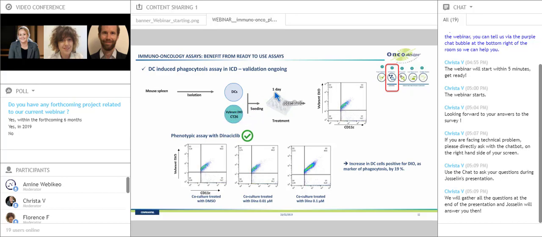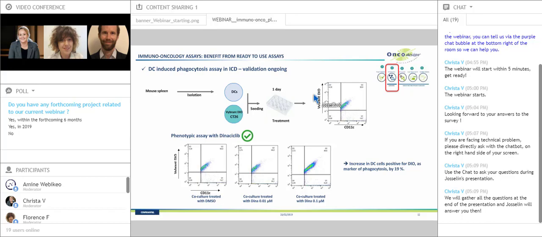After 1 day of incubation in the presence of your treatment, you follow by flow cytometry CD11c, which is a marker of DCs, and you follow the DiO fluorescence as well. If you look at a double positive population, it means that you have DCs that have performed phagocytosis on the tumor cells, and as a consequence, they incorporated the DiO.